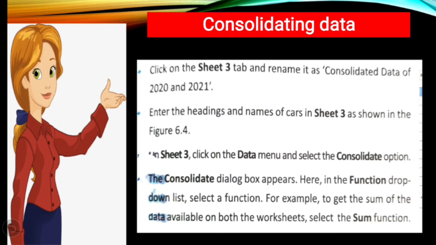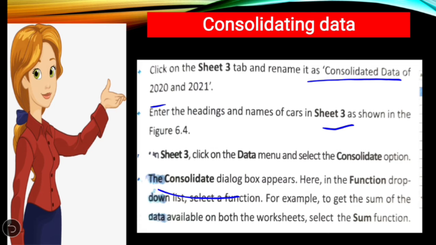Firstly we have made the two lists. Now we want to make a consolidate of data, so we give the name consolidate data 2020 and 21. Enter the heading and name of sheet 3. On the figure of 6.2, in sheet 3 click on the data menu and select the consolidate option.